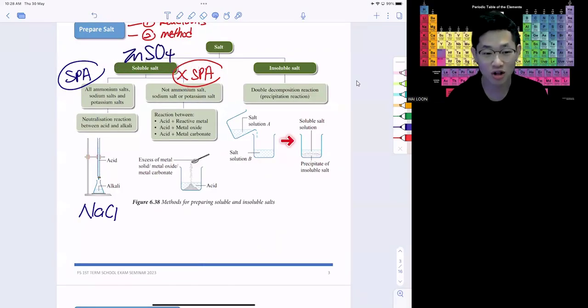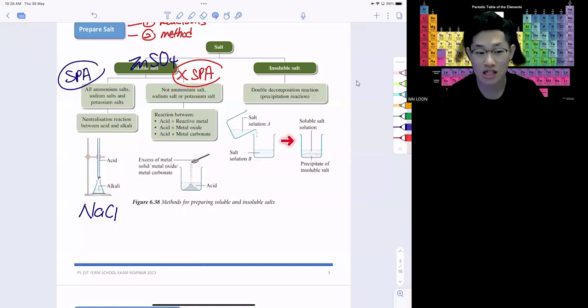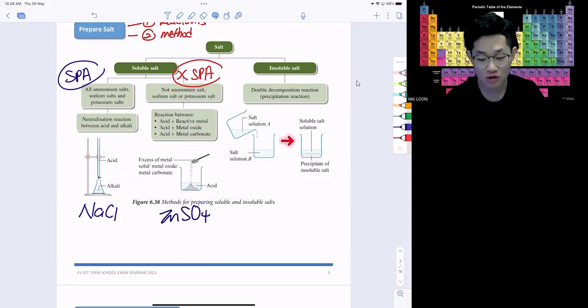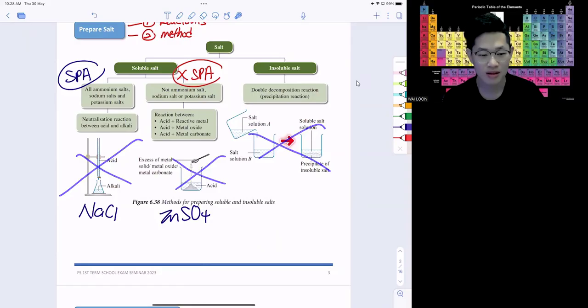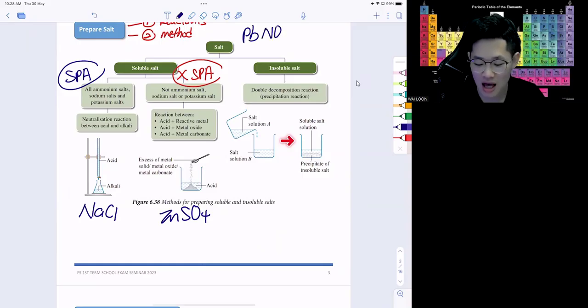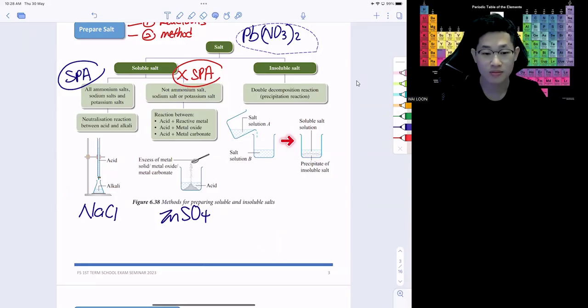Yeah, very good, no SPA. There's no sodium, potassium, or ammonium. So it comes to the second one. So you have to know how to differentiate the types of salts first. We don't care about how they do it yet. One more, let's go with Pb(NO3)2. Soluble or not?